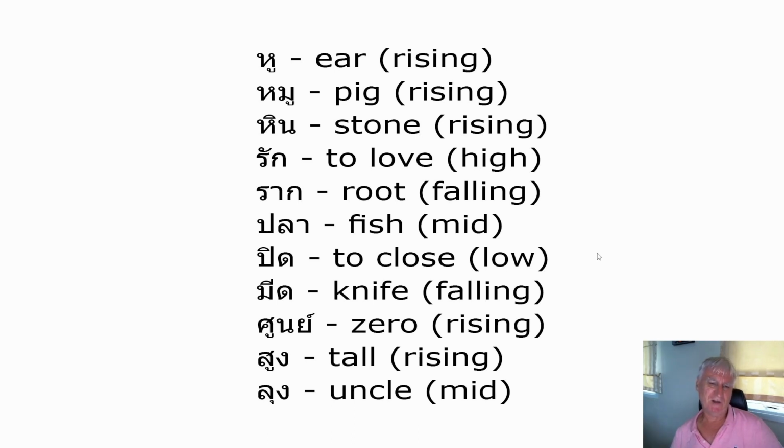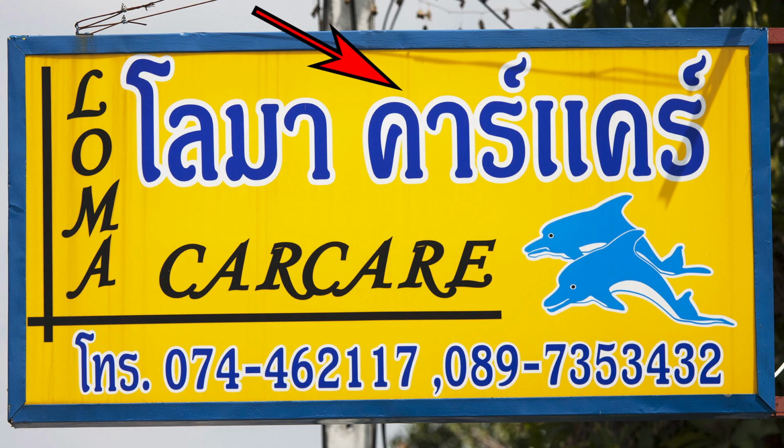So let's think of an example. If we take the English word car and transliterate it into Thai, there are K consonants you can use for the initial consonant. And there's the long vowel R, so car. So you've basically got the sound for car.